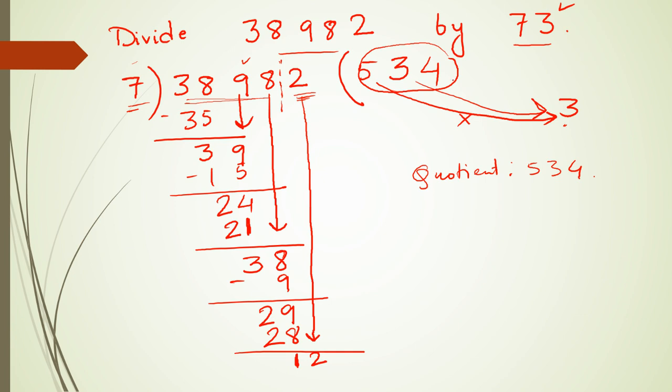And what is the last digit right now? 4. 4 needs to get multiplied by 3, which is 12. So we have to subtract this 12 from here and we get the remainder as 0. So basically this means this entire number is divisible by 7 and we get the quotient as 534.